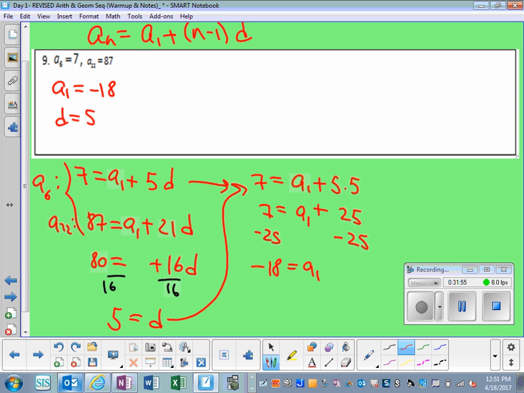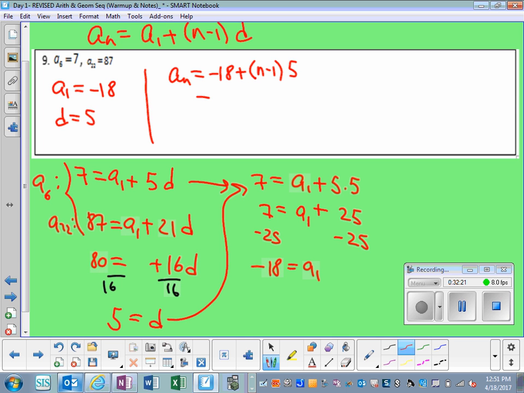Perfect. As long as I know my sequence is arithmetic and I know my first term and my common difference, I know the sequence, right? So all that is left is to plug these numbers into my generic formula. So an equals a1, which is negative 18, plus n minus 1 times 5.